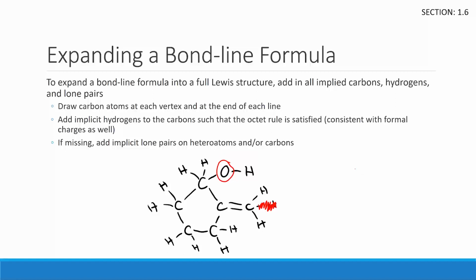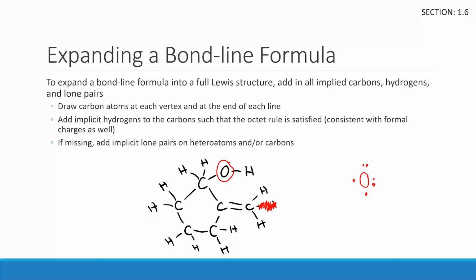Oxygen, if we draw out its valence electrons just by itself, here's oxygen. It has 1, 2, 3, 4, 5, 6 valence electrons. 2 of them are unpaired, so it likes to make 2 bonds. And if we look at our structure, that oxygen is making 2 bonds, so it is happy.